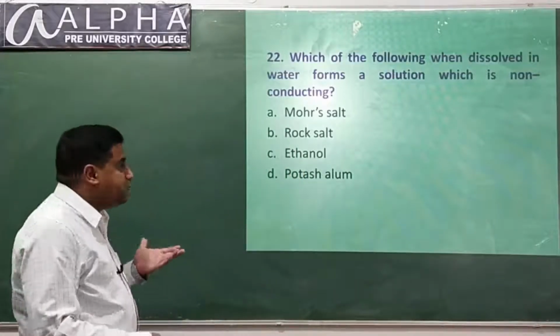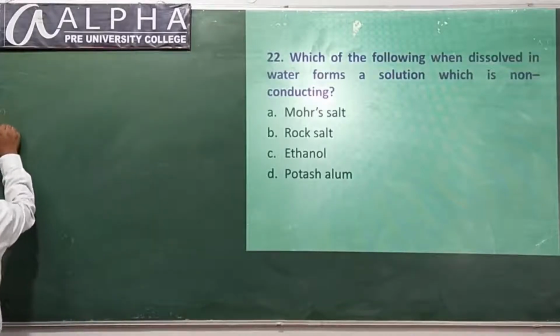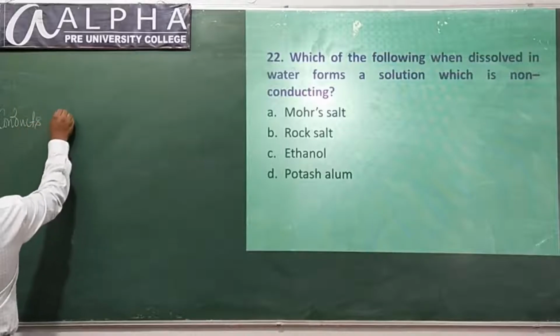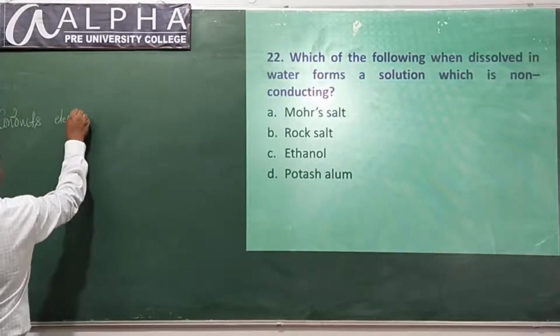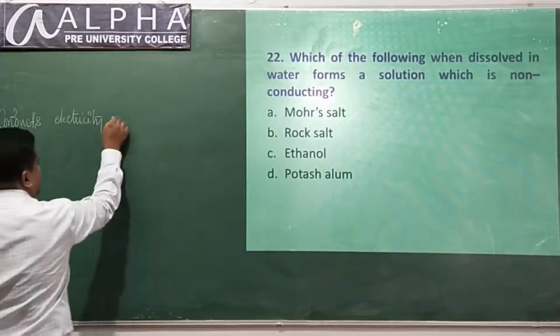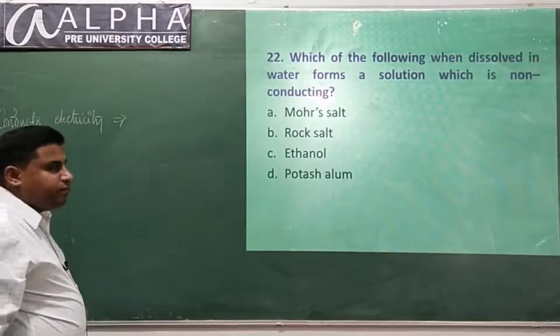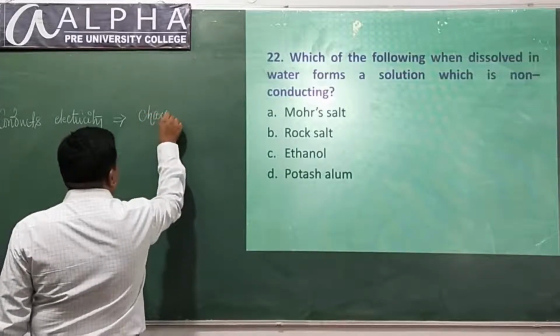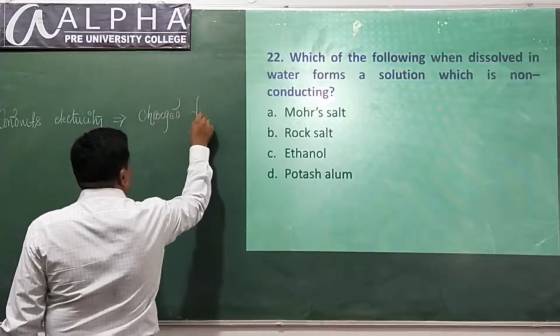When do you say that a substance conducts electricity? Or what is the primary condition required to conduct electricity? The primary condition is there should be charged particles.